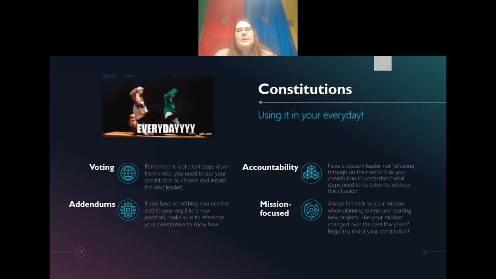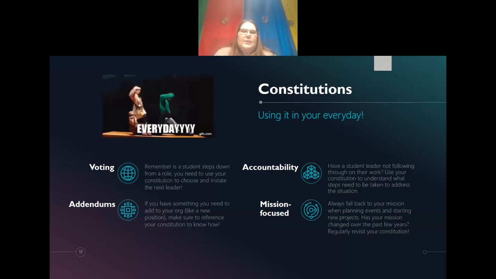So it's always good to make sure that when you're planning your events and starting new projects, you're looking back at that mission. Does it really align with what you're doing? Does it make sense to have that there? If it doesn't and you feel like it's really important and you should have that in your mission, then it might be a good time to go back to addendums and change that mission a little bit or update it so it's a little more inclusive or all-encompassing.